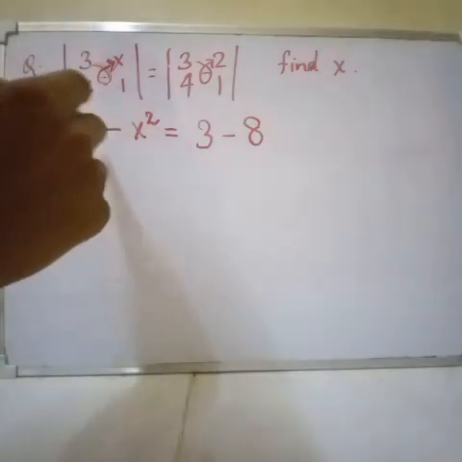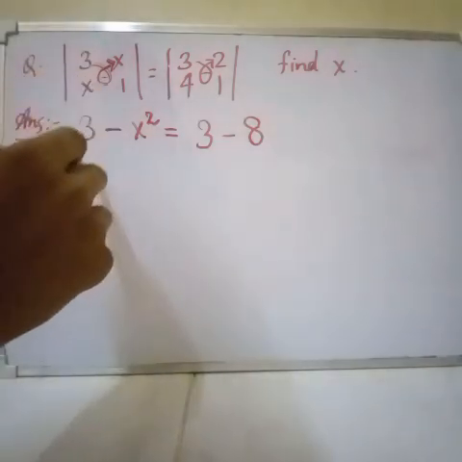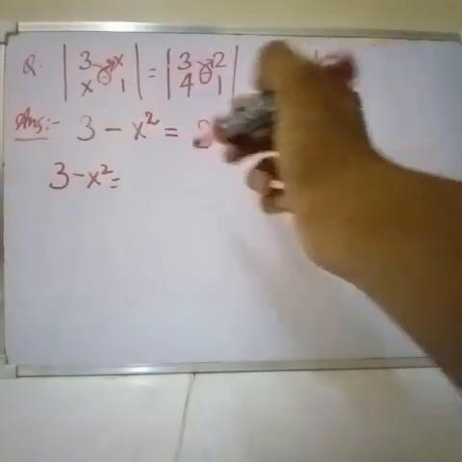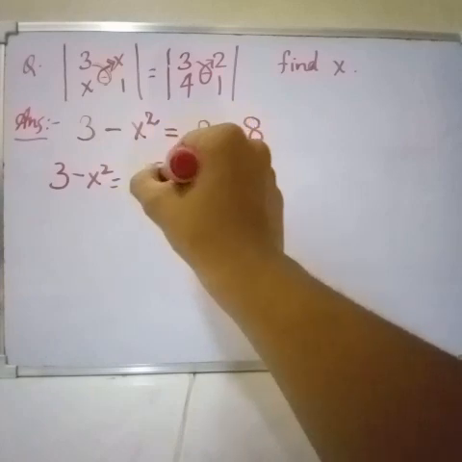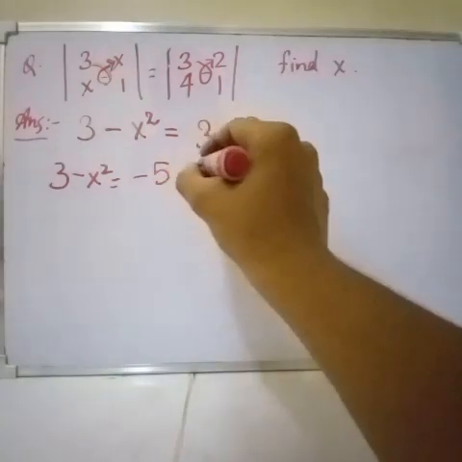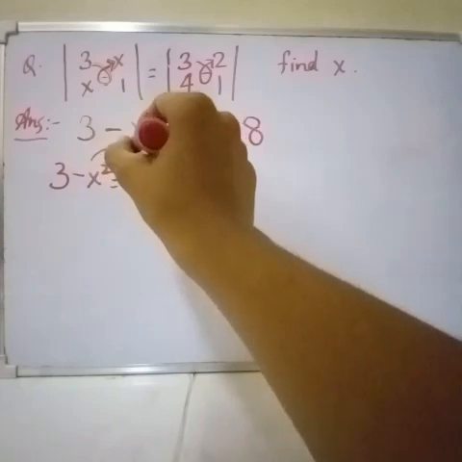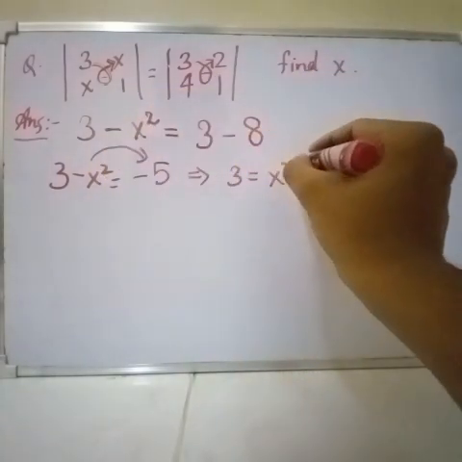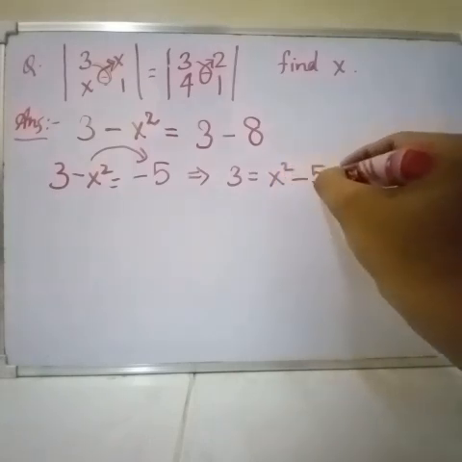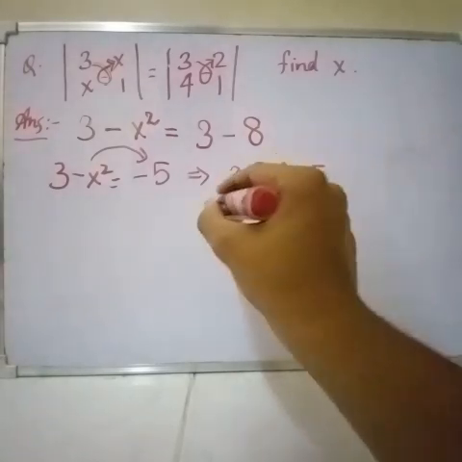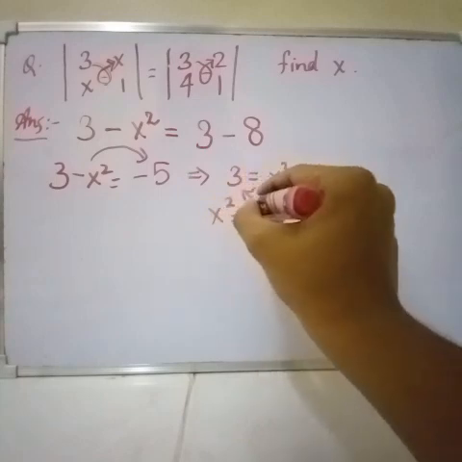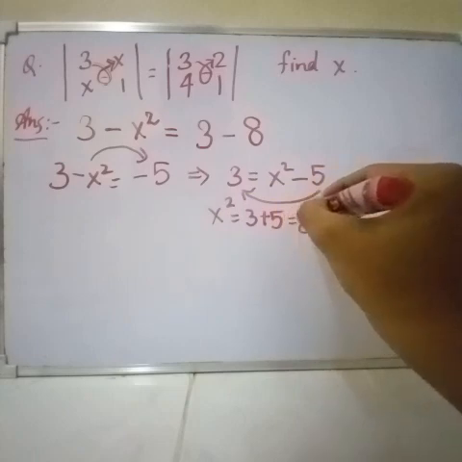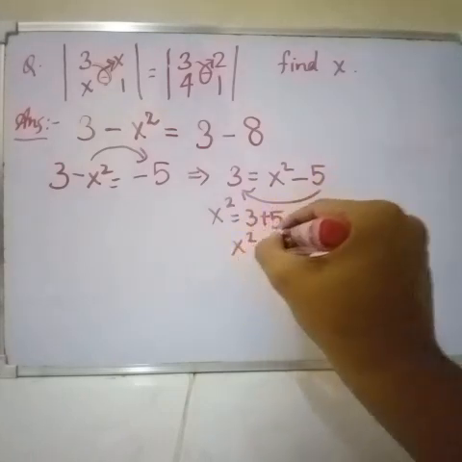So now 3 minus x squared is equal to 3 minus 8, which is minus 5. Then you can take the minus x squared to this side, so 3 will be equal to x squared minus 5. Now taking the minus 5 to the other side, x squared is equal to 3 plus 5, which is 8. So x squared is equal to 8.